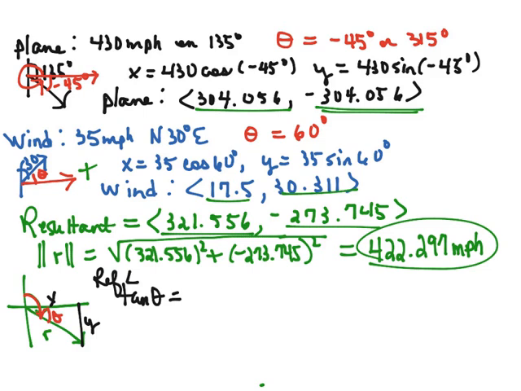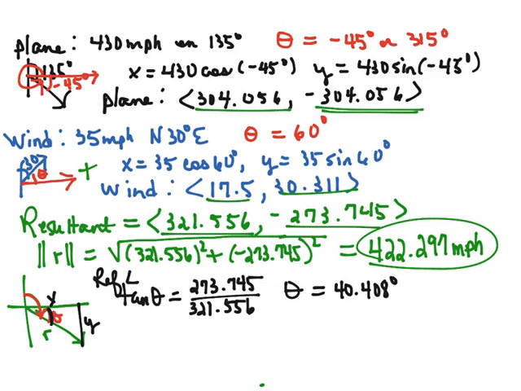So the tangent of theta would be 273.745 divided by 321.556. So using arctangent or inverse tangent on your calculator, we get that theta equals 40.408 degrees. So that is this angle theta.